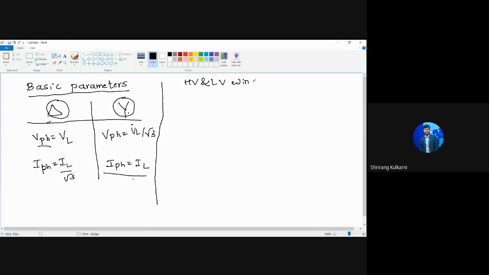HV and LV mean high voltage winding and low voltage winding. For example, take 6600 by 440 volt. Which is HV and which is LV here?